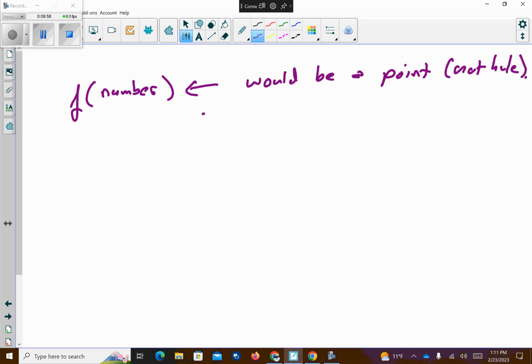So if I had an example of something like this, this points to this, the y value of that. Does that make sense? If a point doesn't exist and they have a hole, f at that number won't exist. It seems kind of strange, but you're basically saying in the y direction something doesn't exist.